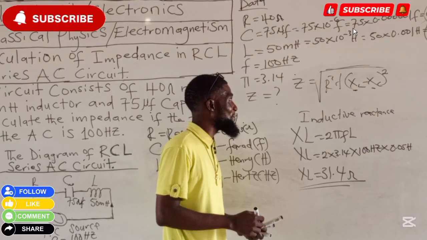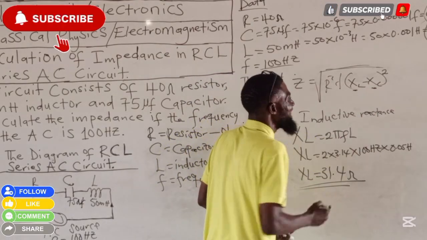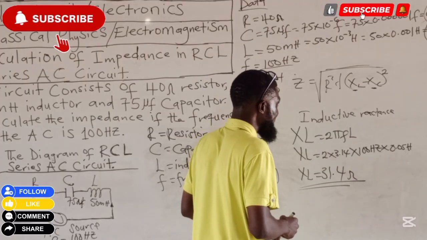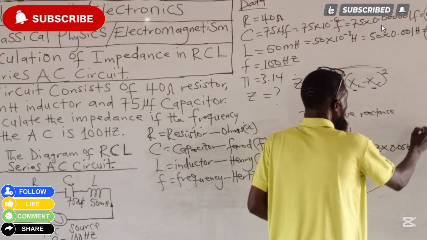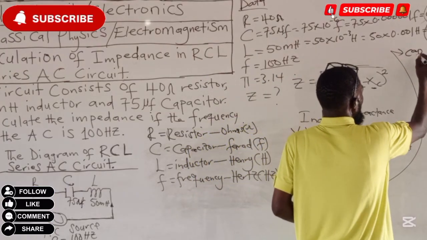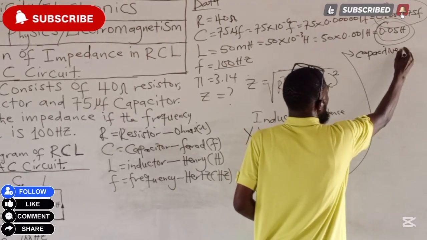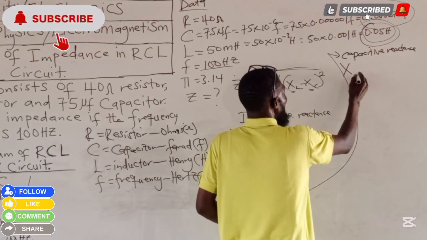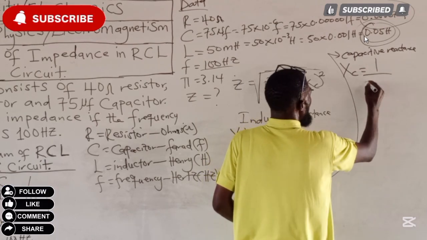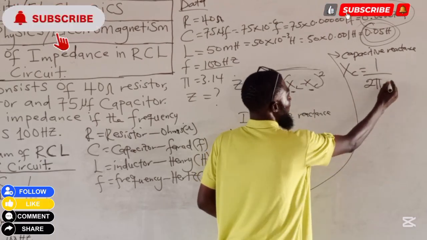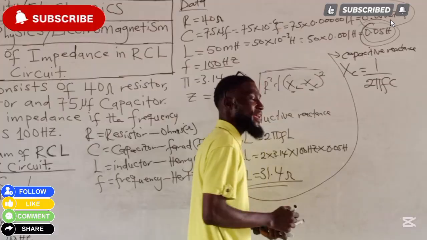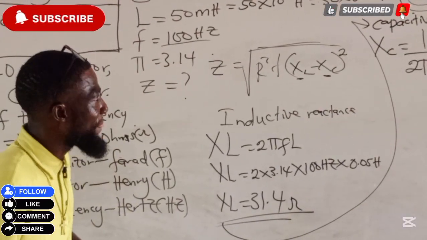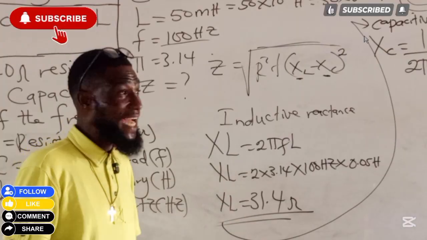On this note, ladies and gentlemen, we'll also be finding the capacitive reactance. In finding the capacitive reactance, our formula says XC will be equal to 1 over 2 pi FC. Remember, the capacitive reactance is the opposition that the capacitor offers to the alternating current.